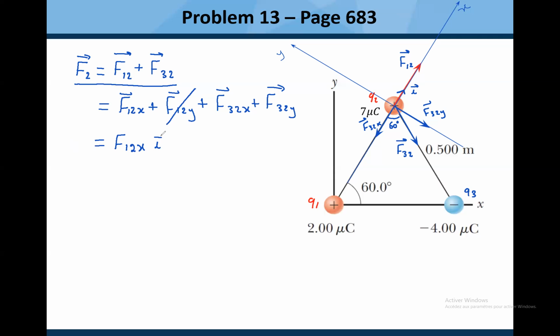It's easy to do the calculation. F32x is in the minus i direction, so minus F32x i. F32y is in the minus j direction, so minus F32y j.